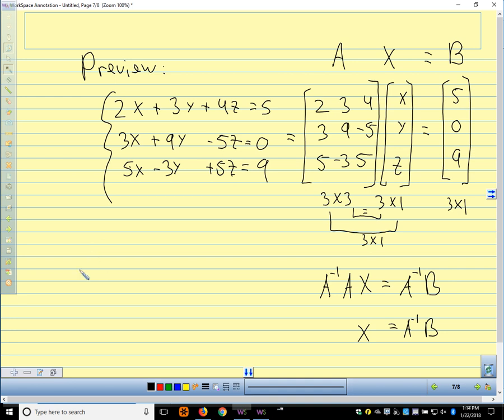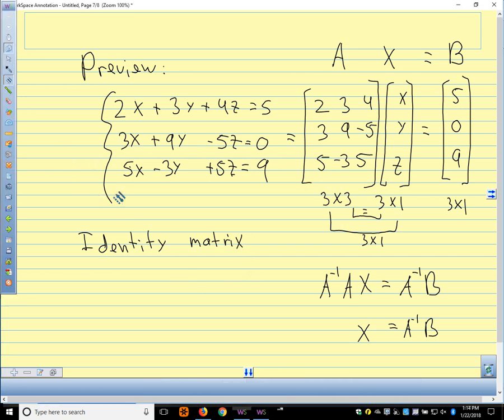So we need one other piece of information here, the identity matrix. The identity matrix, we write it as a capital I, and I'm going to write sub n.